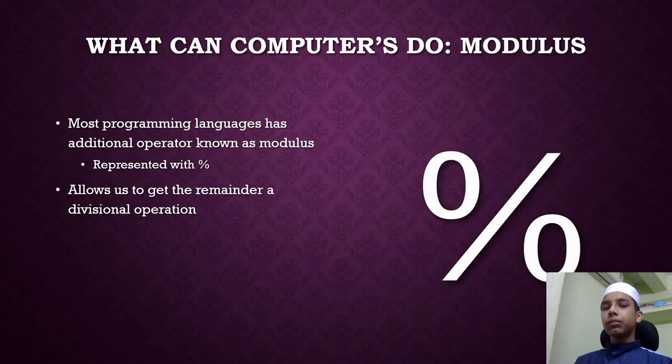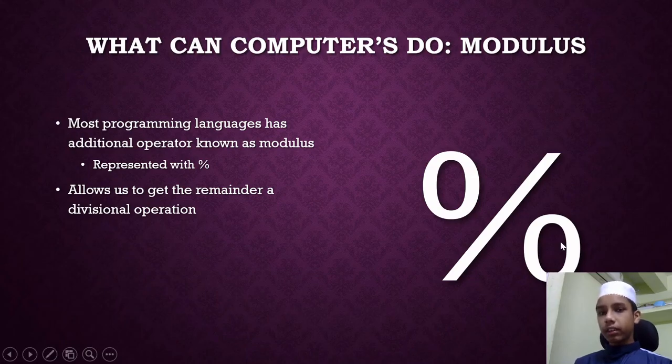Okay, there will be something known as modulus. Most programming languages have an additional operator known as modulus, represented with a symbol. What is it? Like we did in maths, if we do some division we will find some remainder. If you want to find the remainder in the computer also, you can.